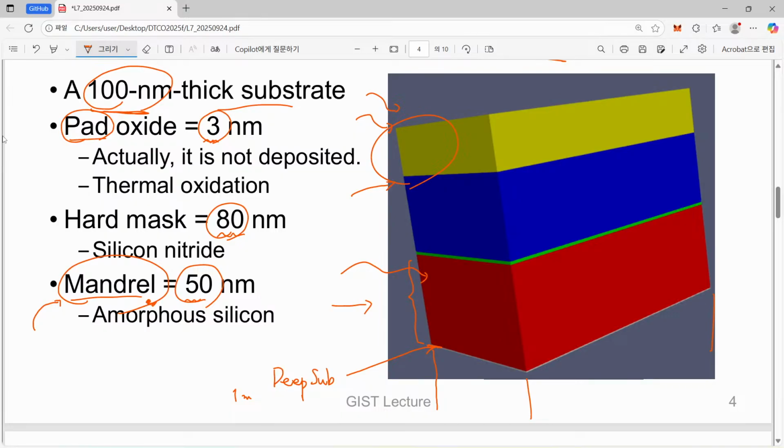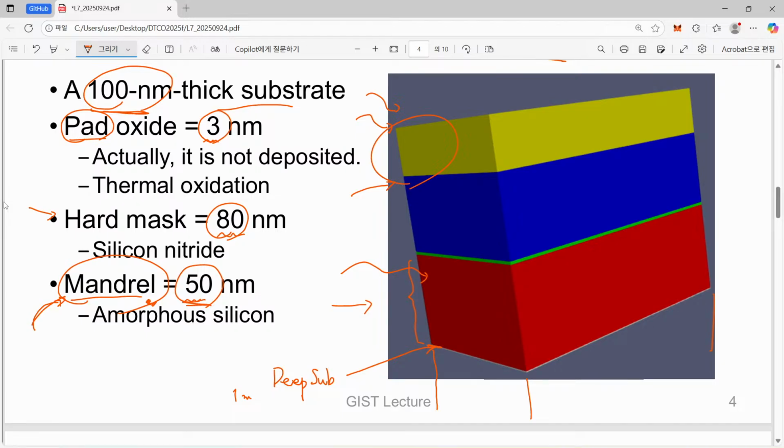Actually, in order to make this structure, what you have to do in our Armstrong Craft code is deposit silicon dioxide with a thickness of 3. And in order to make this hard mask, you have to call deposit once again with a different region name and thickness equal to 80. And also you have to do once again with the thickness of 80.